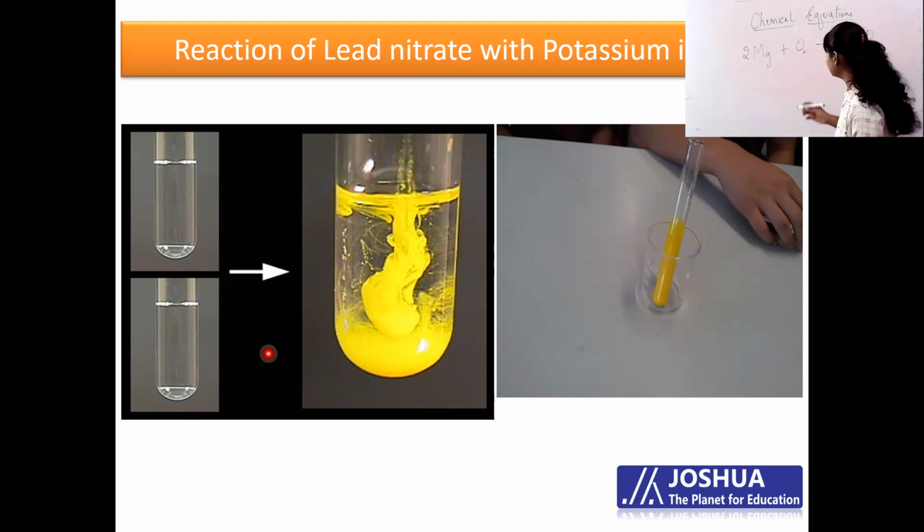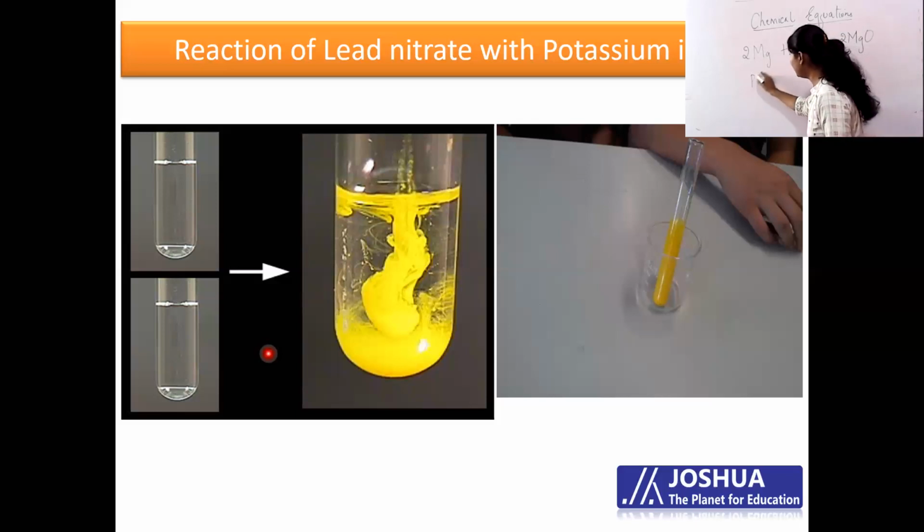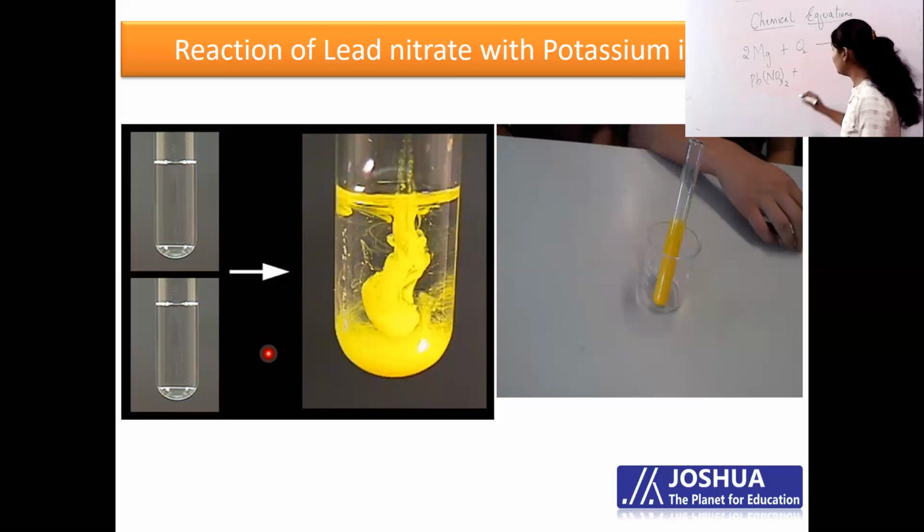Check out the reactants. Now you will only tell me, what is that you are getting? Lead nitrate. What is the formula for lead nitrate? Chemical formula. Lead is Pb, nitrate is NO3, valency of lead is 2. Okay, and valency of nitrate is 1. So therefore it will be Pb(NO3)2. Plus what else? Potassium iodide, KI.